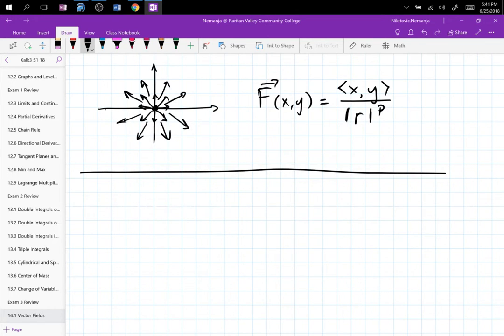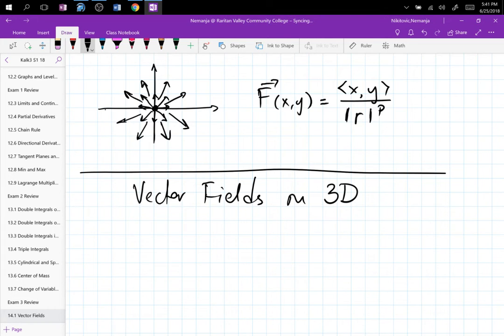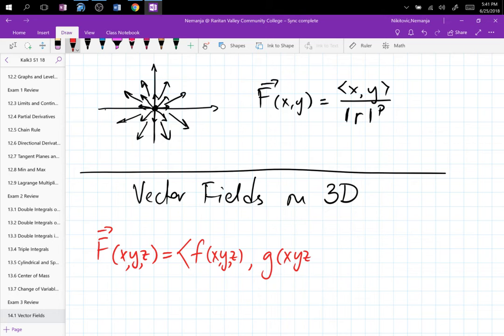So, vector fields in 3D. All I need to do is just write the formula, same text, same everything. So the formula is going to be a vector of x, y, z: f of x, y, z, comma, g of x, y, z, comma, h of x, y, z.